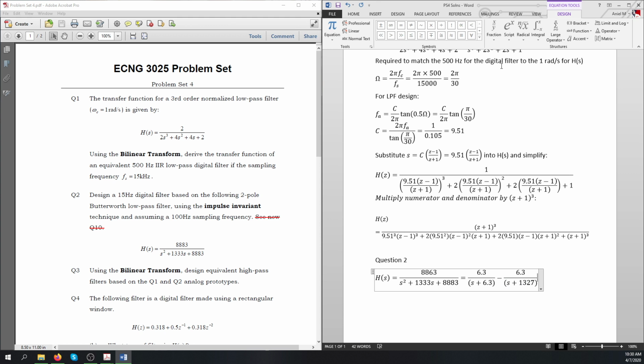And then we get this back in terms of h(t), which is going to be 6.3 times e to the minus 6.3t minus 6.3 multiplied by e to the negative 1327t.